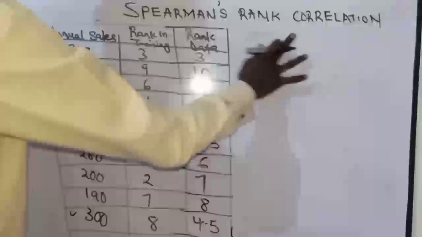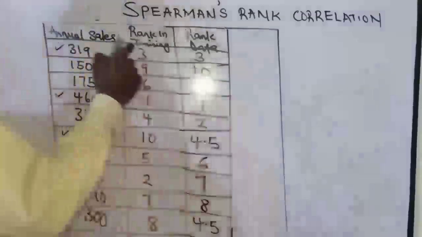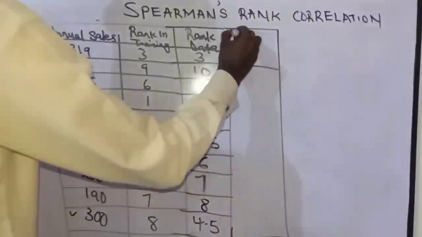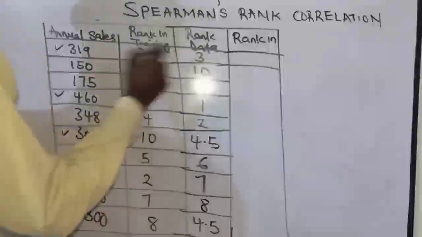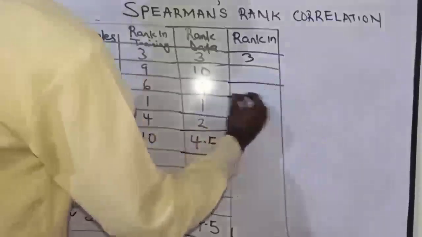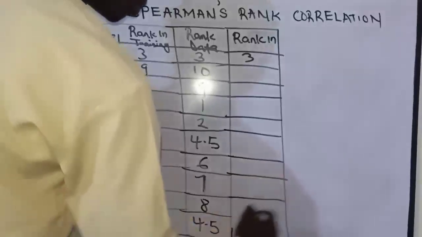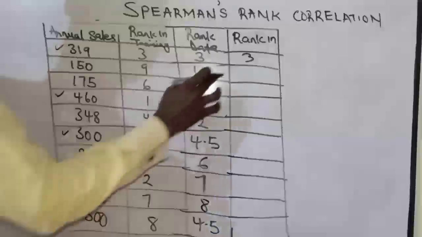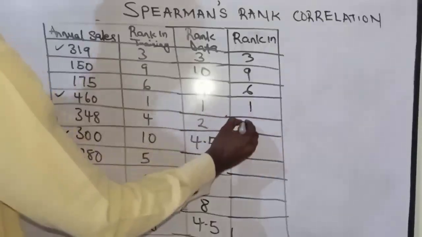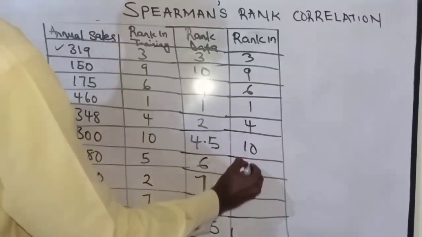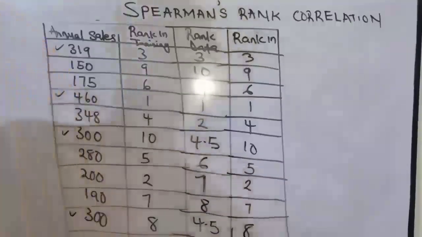The moment you are done with that, you input this rank back into the table, the rank in training. So 3, 9, 6, 1, 4, 10, 5, 2, 7, and 8.